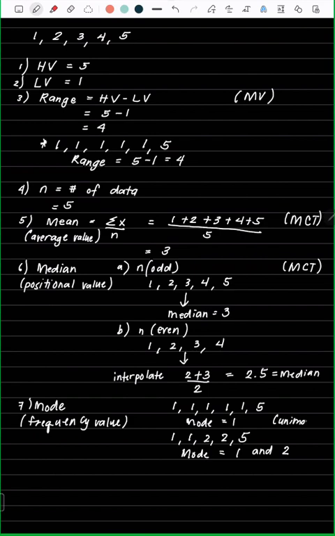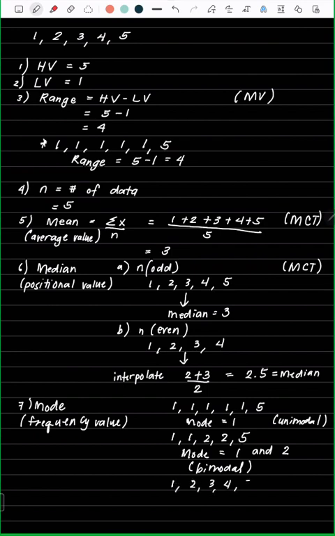So here, the first one is called unimodal, and this is called bimodal. So then, therefore, there can be unimodal, bimodal, trimodal, you can have a multimodal in mode.